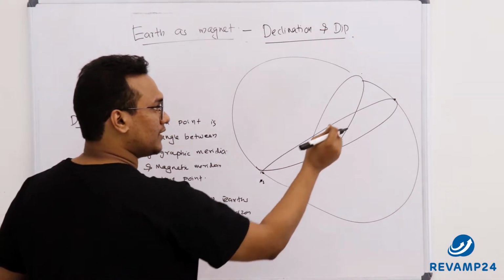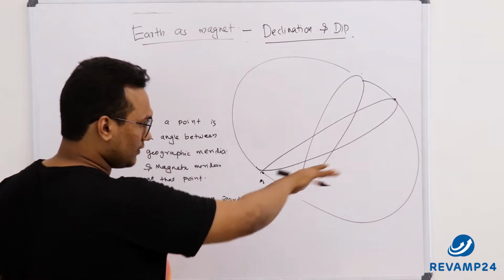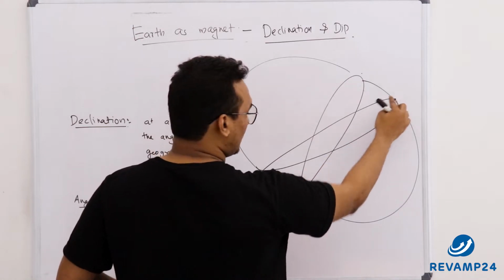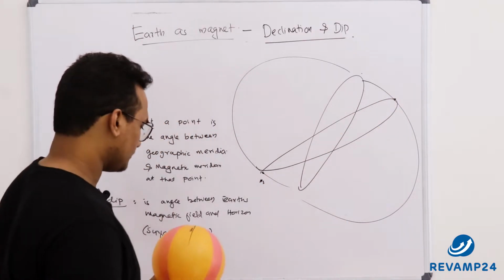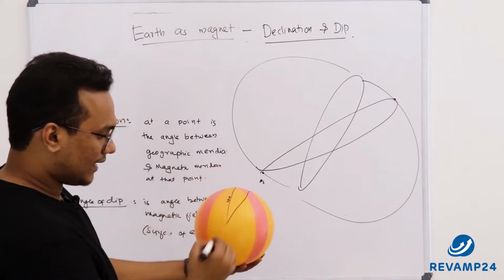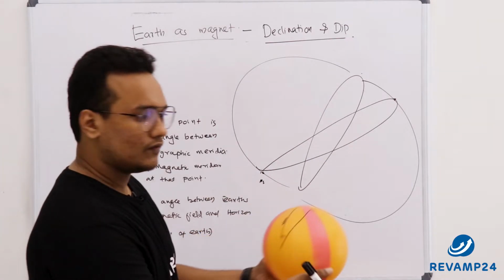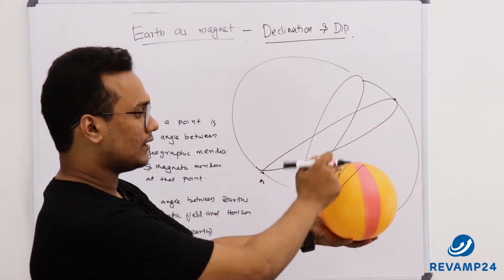Similarly, the magnetic meridian is a plane obtained when we cut the Earth passing through magnetic north and magnetic south. So for this person, these are the two planes. The angle between these two is simply the declination.